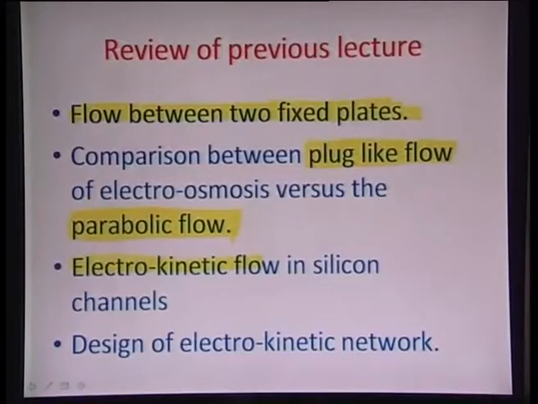We also tried to investigate what is the mechanism of the electrokinetic flows in silicon channels. So essentially there is a formation of hydroxide linkages on the top of the silicon, and on contact with a solution with a certain pH, it dehydrogenates and forms SiO minus. Okay.